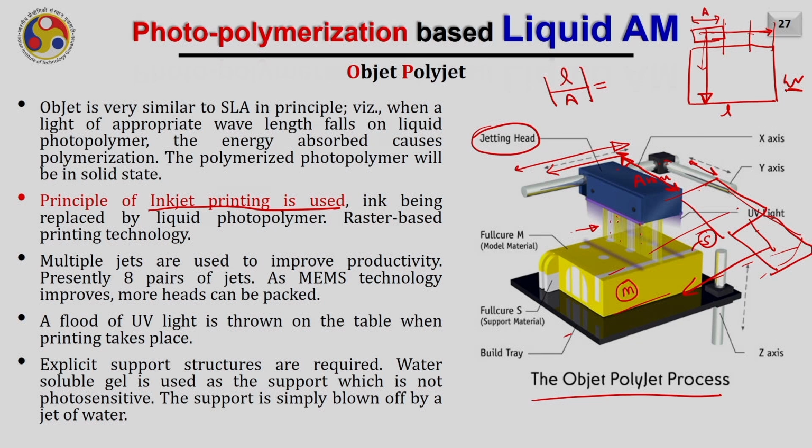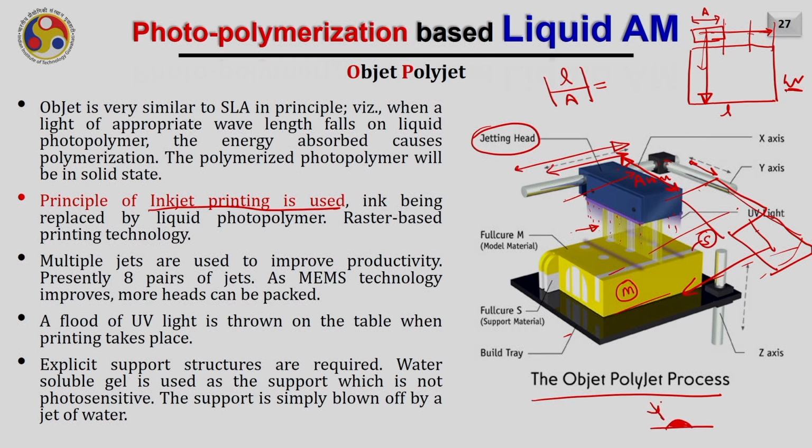Also, when the material falls, you can see the UV light is also coming from a distance. It is available on both the sides. As it goes from this end to this end, it injects some drops of the liquid photopolymer on the substrate.